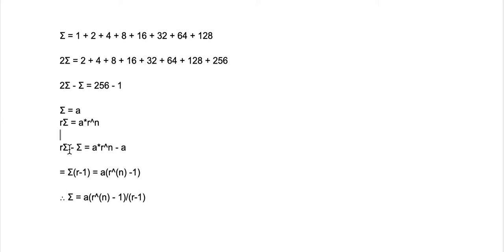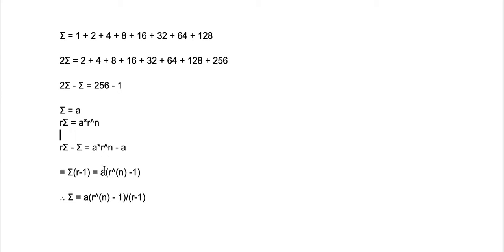Okay, so now we can factor out sigma in r times sigma minus sigma. So sigma times r, right, times -1. We're just factoring it out. Equals, we can also factor out a in this case.